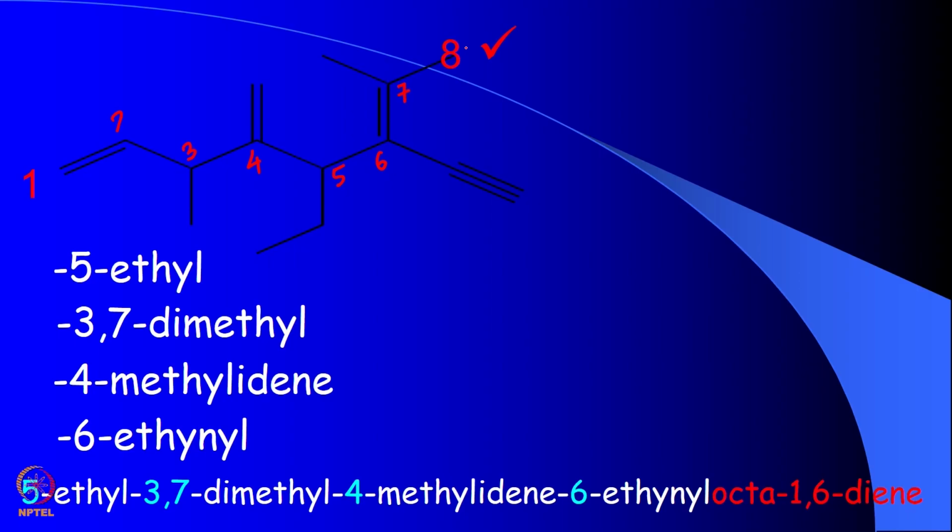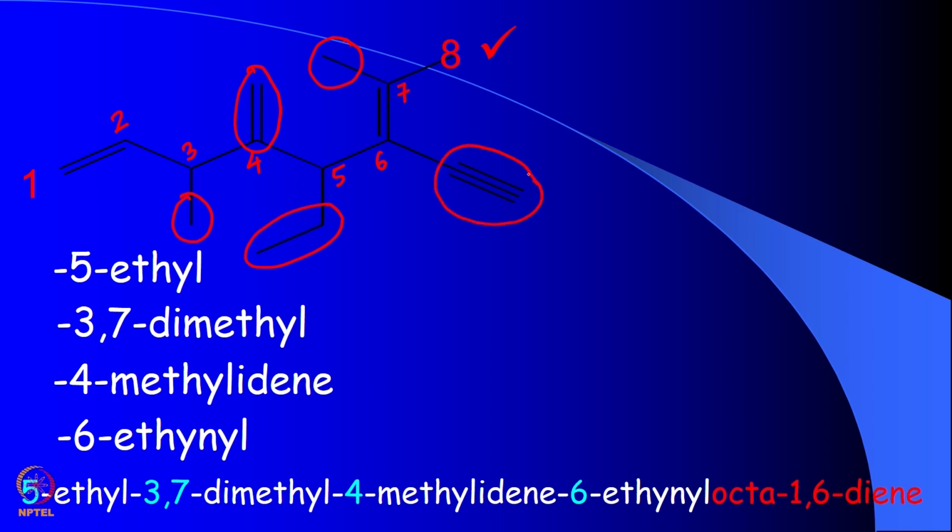So, at the 5 position we have the ethyl group, at the 3 and 7 positions we have 2 methyl groups, as you can see. At the 4th position we have a methylidene group. At the 6th position we have this ethynyl substitution.